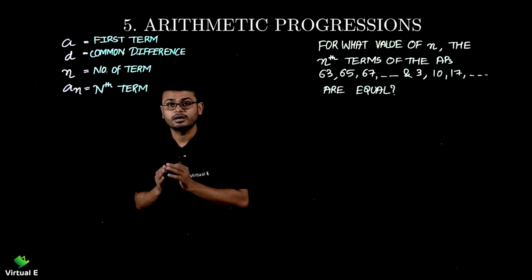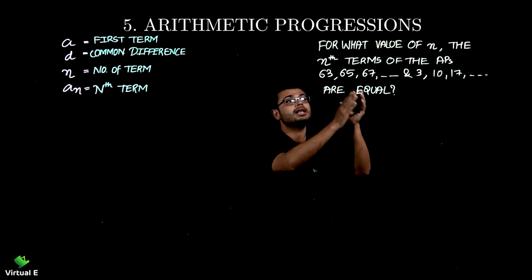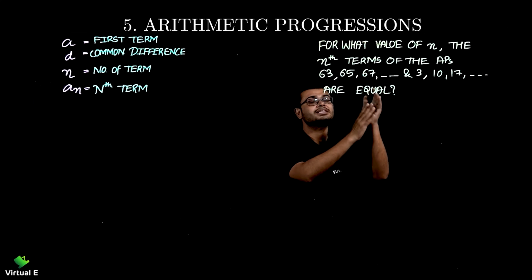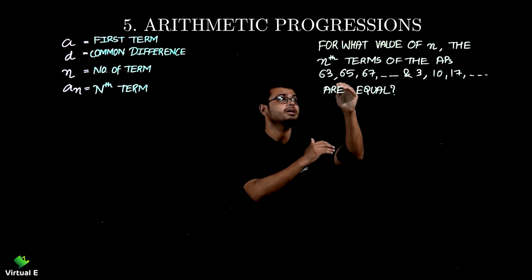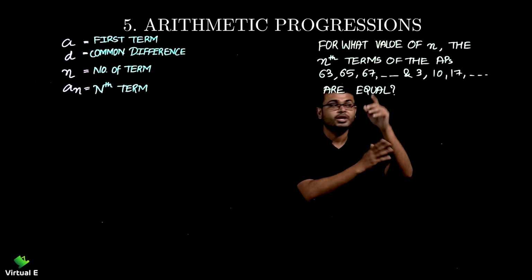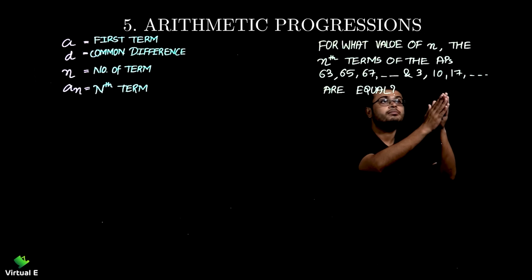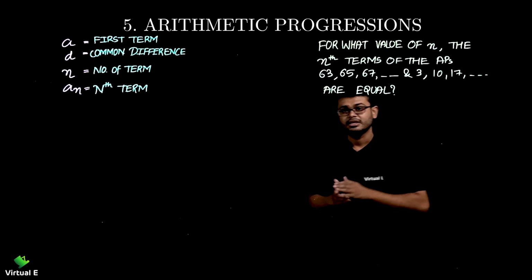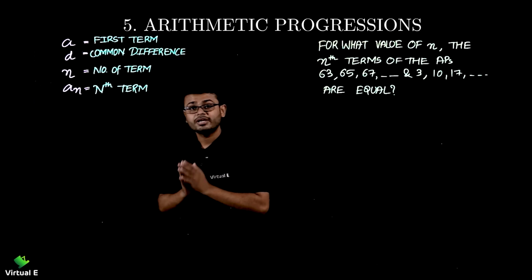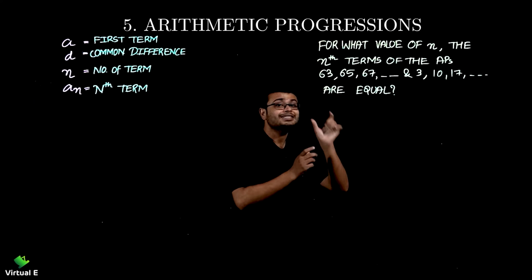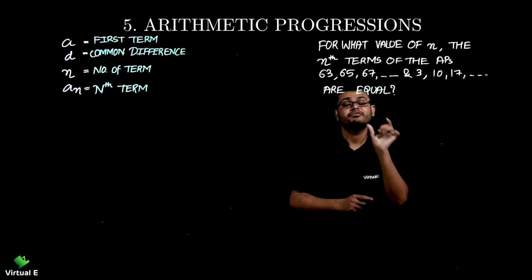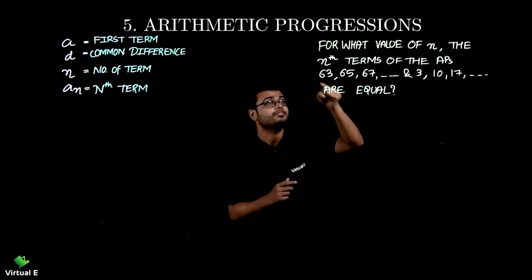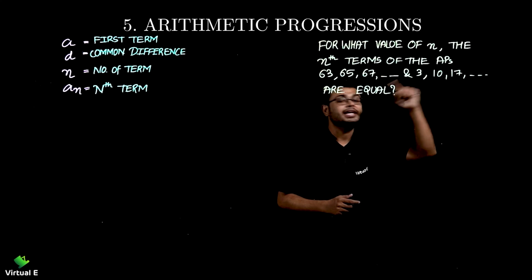Suppose it is equal at n is equal to 20, let's say one term comes as 100, and one more term also at n is equal to 20 is 100 as well. This is what we are interested in. We want to find that same place where the same number comes in the first AP and the second AP.